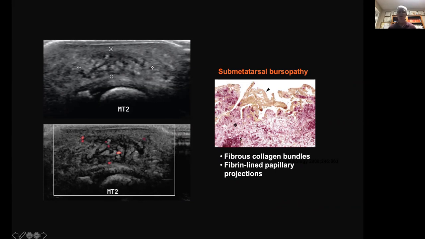And so we see these fibrous collagen bundles here, which is all this hypoechoic stuff with these fibrin-lined papillary projections. We can also see these are commonly asymptomatic under the first and fifth metatarsals. And again, when I see them under the second, they're usually symptomatic, as it was in this companion case.